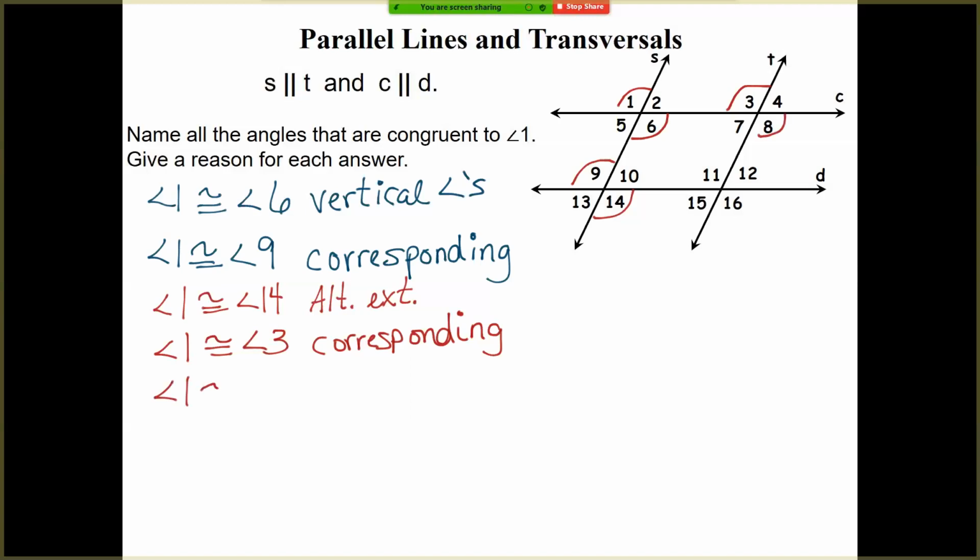Angle 1 and angle 8 are alternate exterior angles, so they are also congruent.